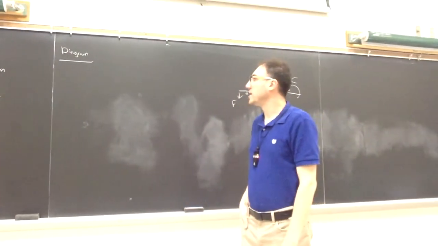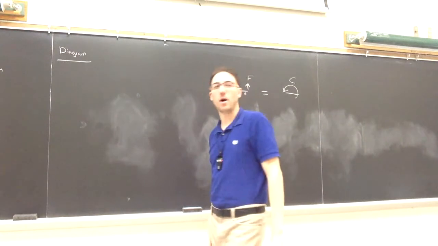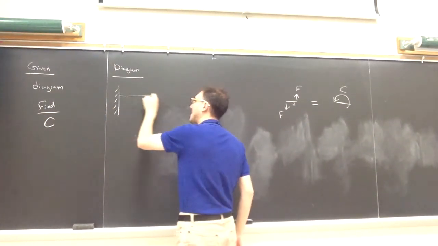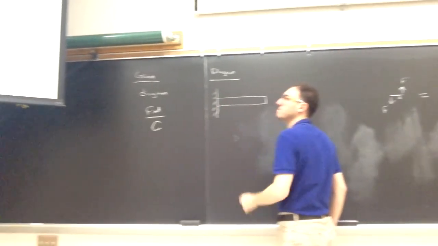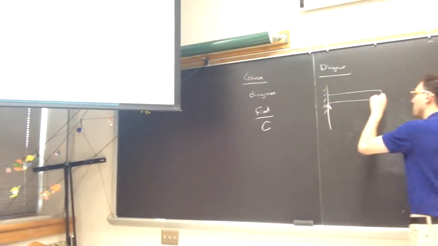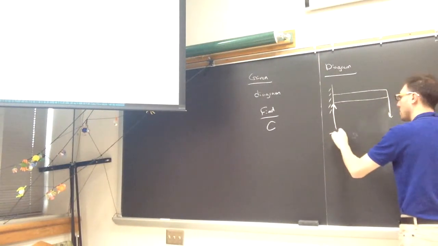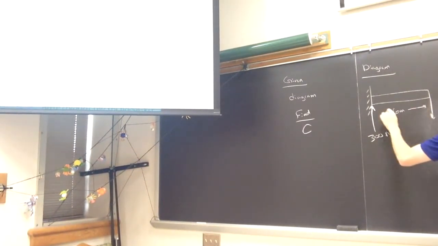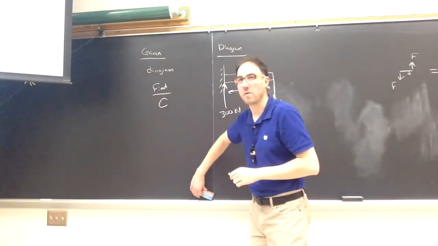All right, so I'm going to have my initial diagram here where I'll just copy all of the forces that I have acting. The 300 Newton pair are 5 meters apart.